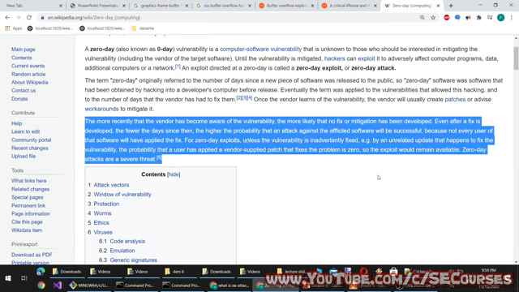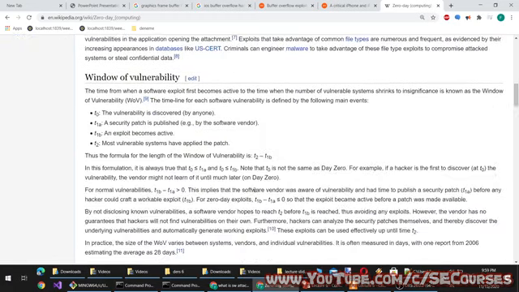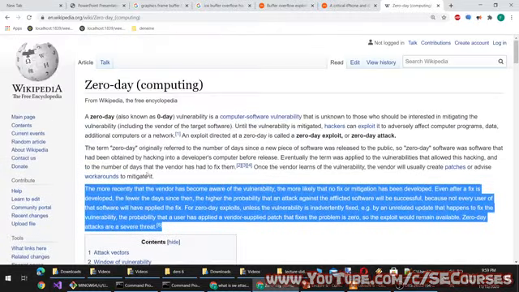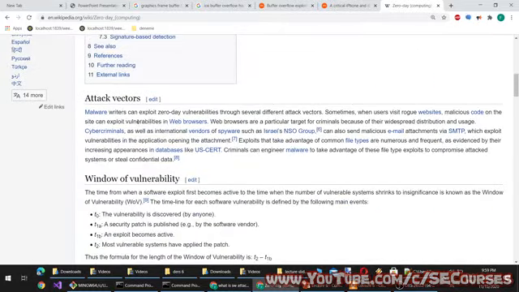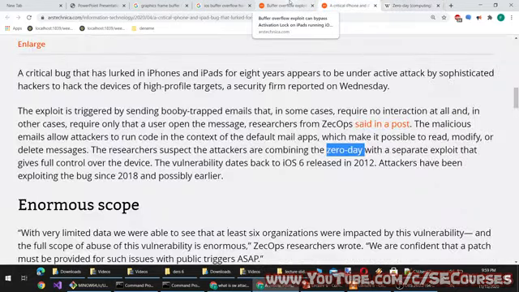For zero-day exploits, unless the vulnerability is inadvertently fixed, e.g. by an unrelated update that happens to fix the vulnerability, the probability that a user has applied a vendor-supplied patch that fixes the problem is zero, so the exploit would remain available. Zero-day attacks are a severe threat. Okay, so this is the generic term of exploits, and you can read more about that here.